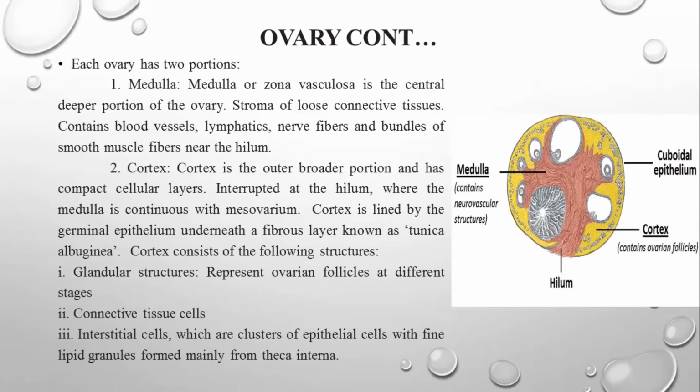The cortex is lined by a germinal epithelium underneath a fibrous layer known as the tunica albuginea.